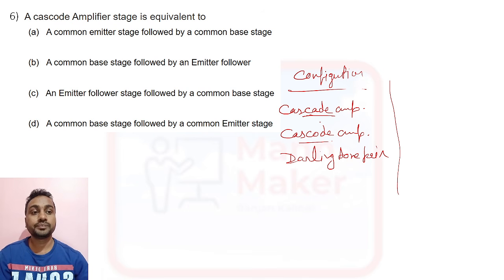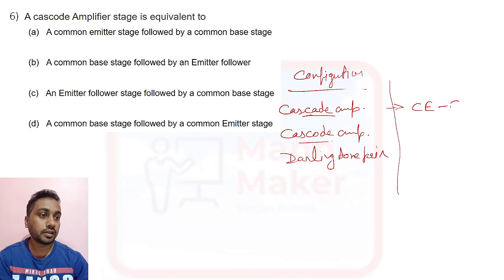So what is cascade? A cascade amplifier is cascaded with CE, meaning common emitter, followed by a common collector. Likewise, cascode is again a common emitter followed by a common base.